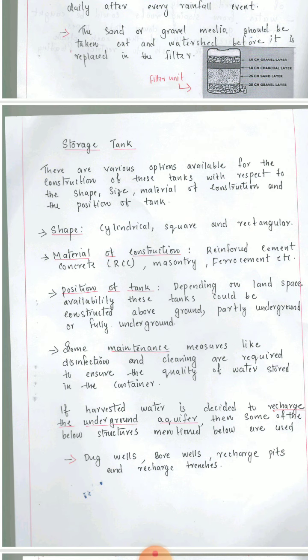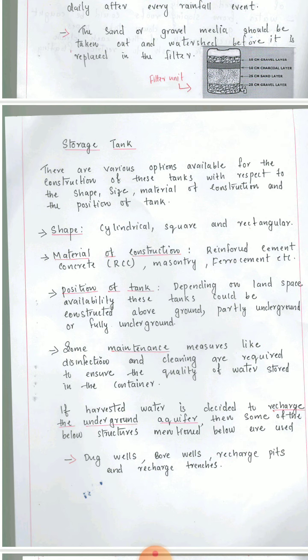Next is the material of construction. Reinforced cement concrete, masonry or ferro cement etc. can be used to construct the storage tank. Next is the position of the tank. Depending on land space availability, these tanks could be constructed above ground, partly underground or fully underground. So depending upon the availability of space, the storage tank can be above the ground surface, subsurface or completely underground.